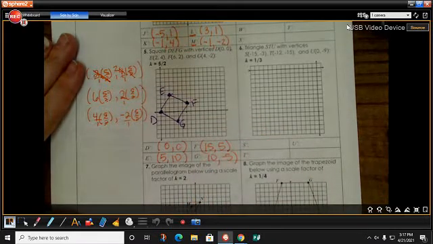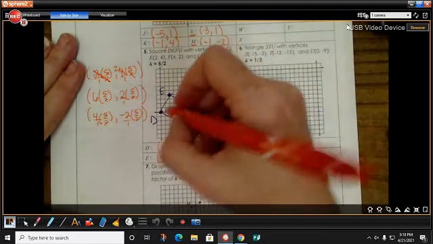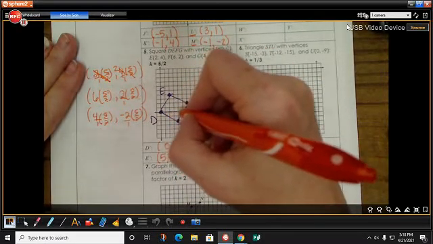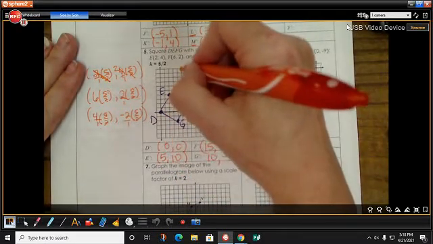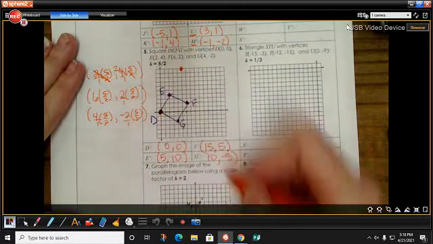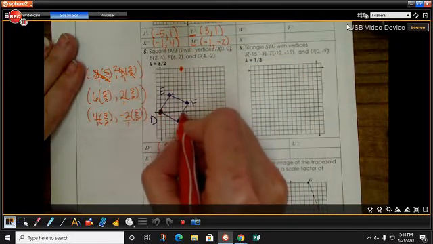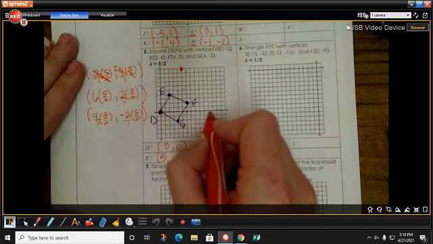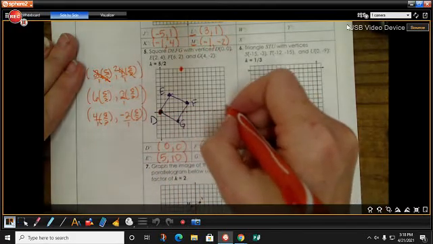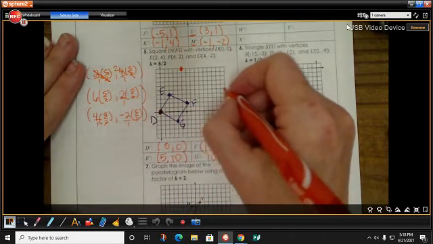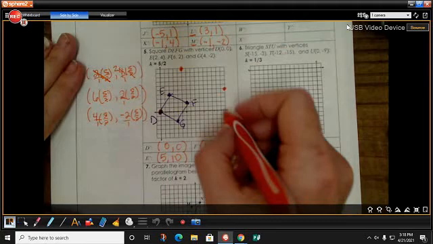And so now I've got my image numbers. So I'm going to be up at 5, 10, 1, 2, 3, 4, 5, 10, 0, 0, 15, 5, 1, 2, 3, 4, 5, 6, 7, 8, 9, 10, 11, 12, 13. Oh, it's all the way over here. And then 10, negative 5.